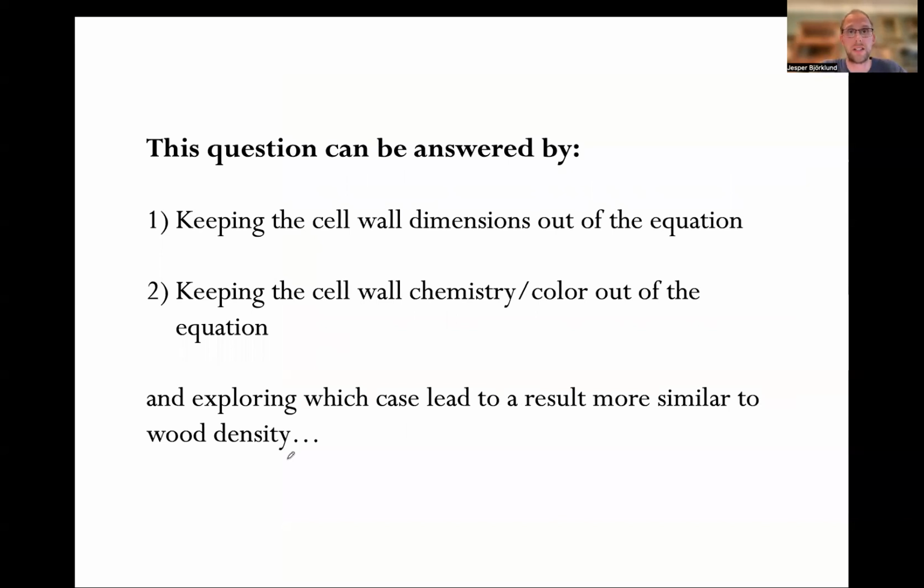So this question can actually be answered by first maybe keeping the cell wall dimensions out of the question, or by keeping the cell wall chemistry, cell wall color, out of the equation. So by checking these two instances, we can actually find out which one is the most influential and more related to wood density in the end.